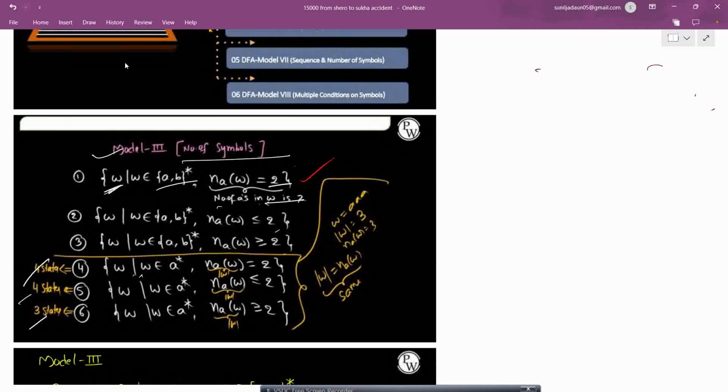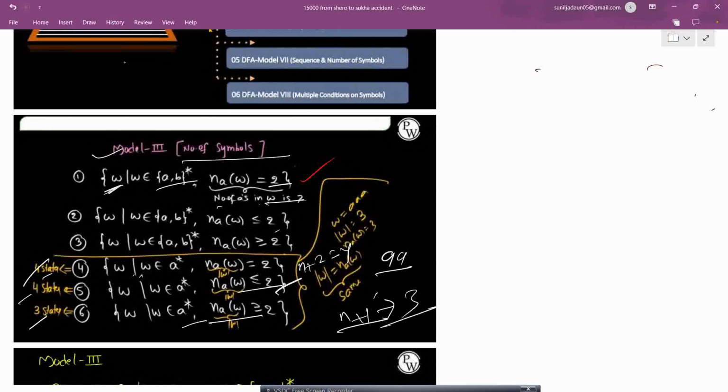This is A. This is number of at least A. Right, from this the number of states required is n plus 2, that means 2 plus 2 is 4. This is greater than, so this is n plus 1. It is not required dead state, so it will be 3.